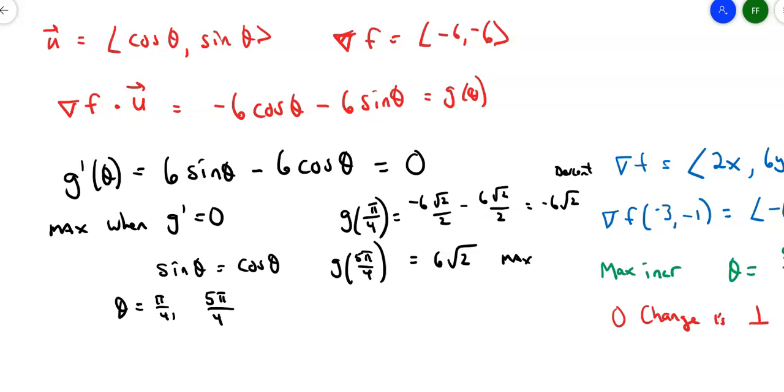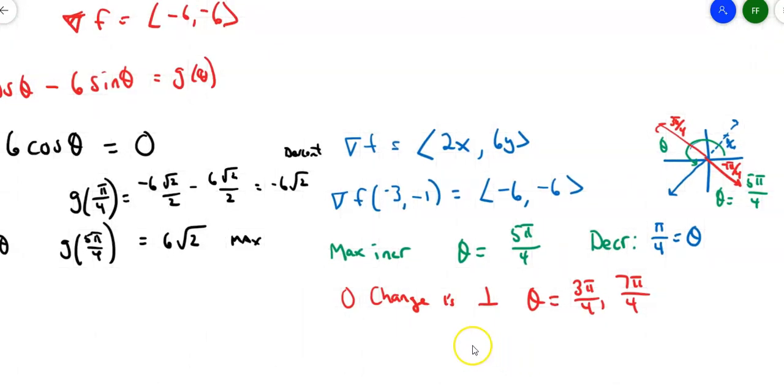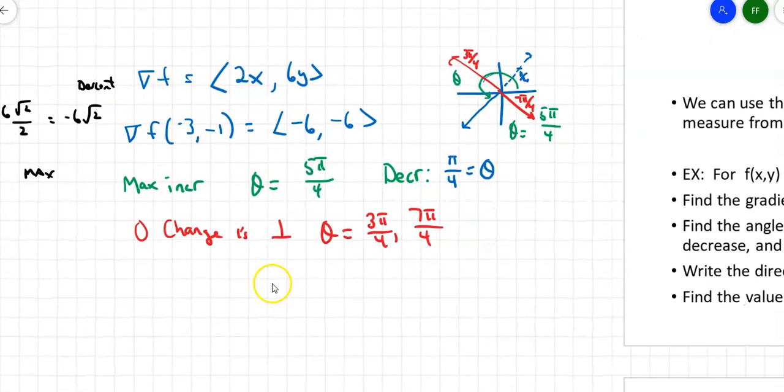or the steepest descent. And I think the only other question it asked for was the magnitude of the gradient. Well, the magnitude of the gradient is just the magnitude of that -6, -6 that we came up with.